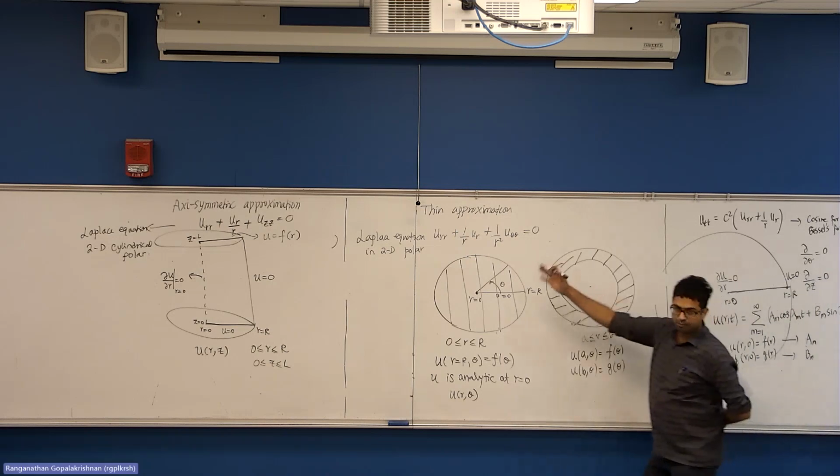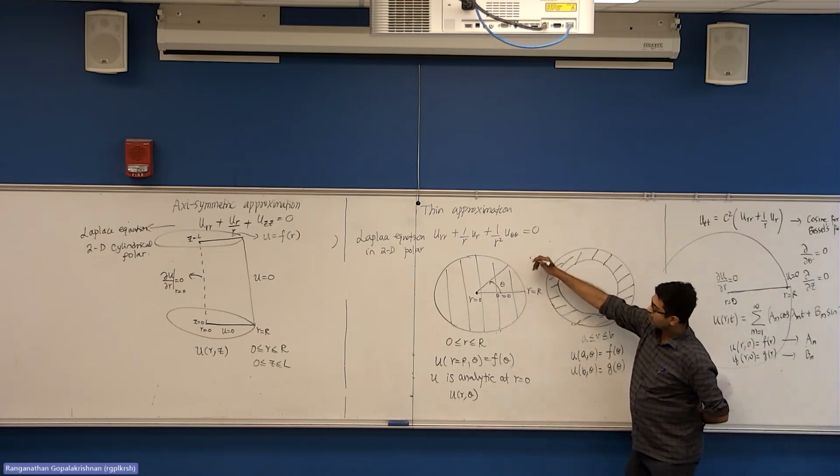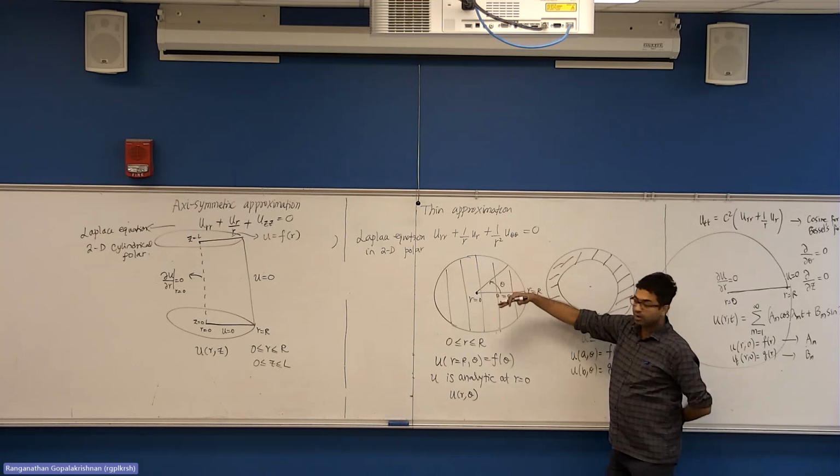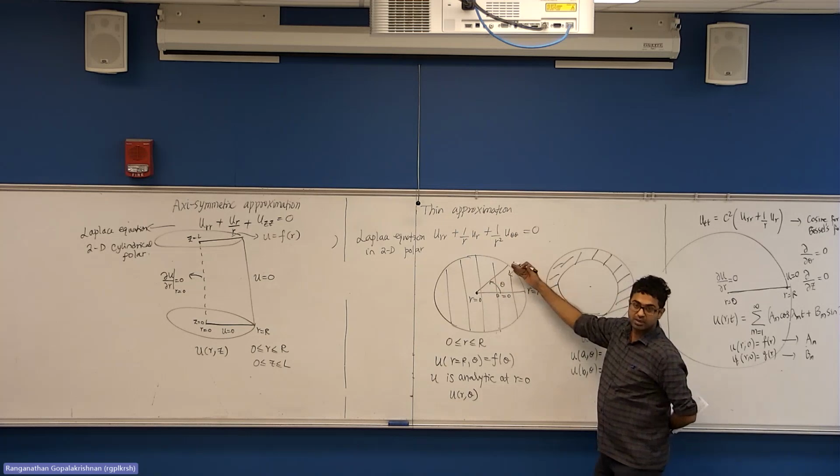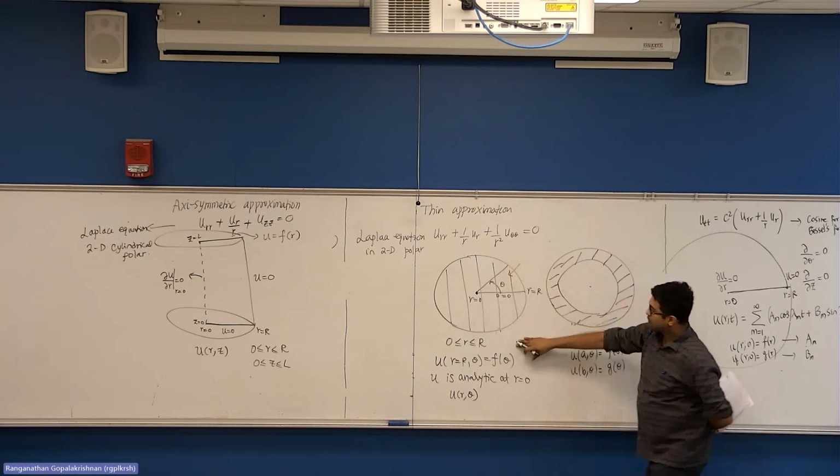If your domain of interest is a circle, a bounded or finite region, and you are interested in solutions within that domain, this would be the way to state the problem.